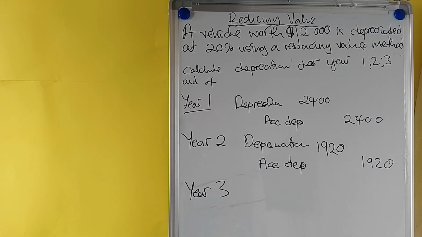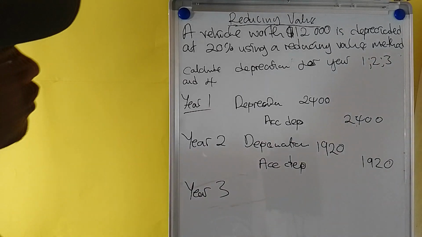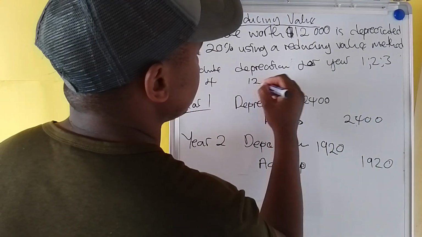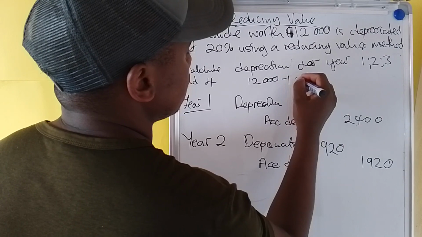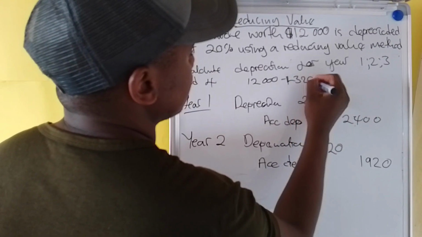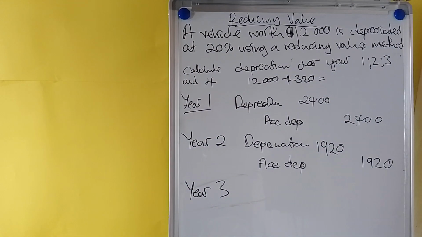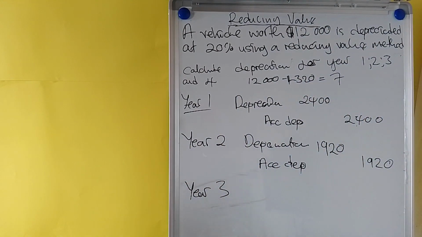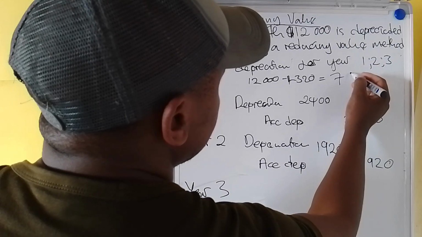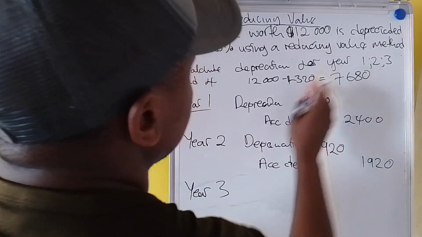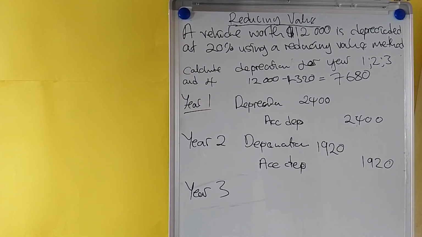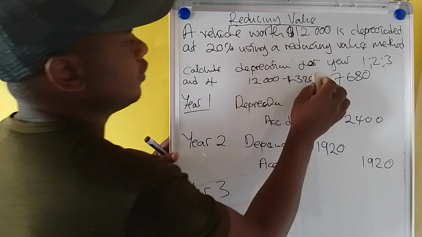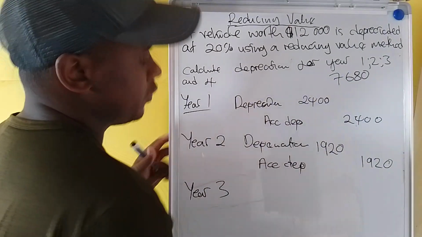We deduct 4,320 from 12,000 and get 7,680, which becomes our new residual value.